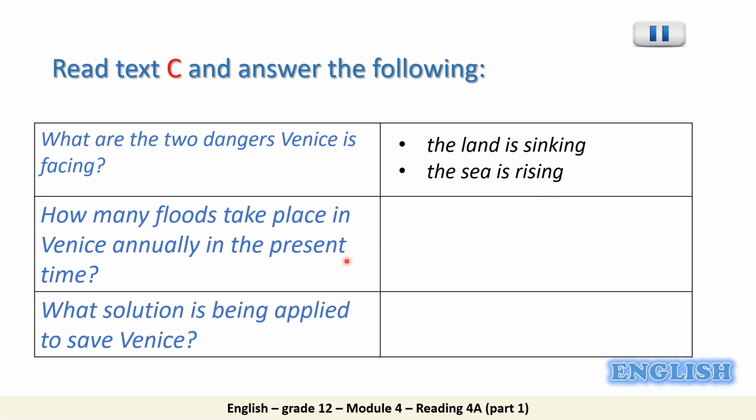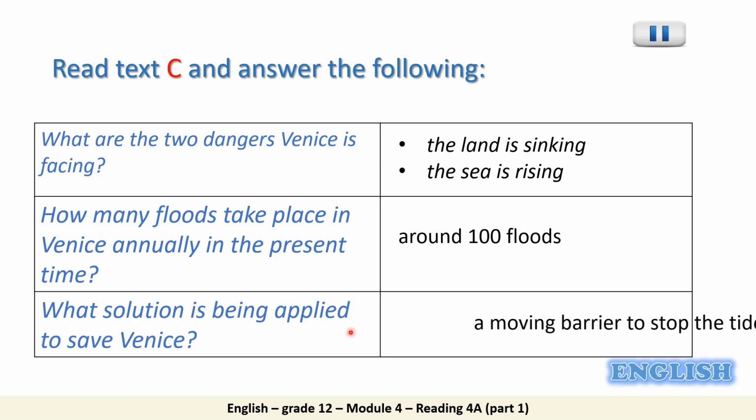These days, around 100 floods take place every year in Venice. What solution is being applied? Super. Scientists are trying out a solution, and it is a moving barrier that is meant to stop the tide.